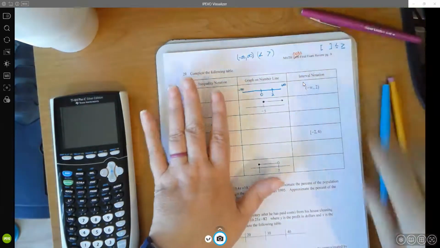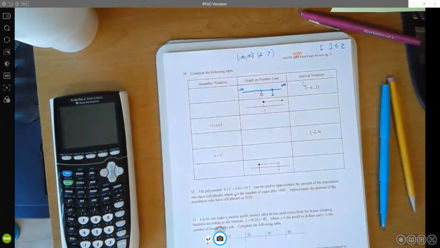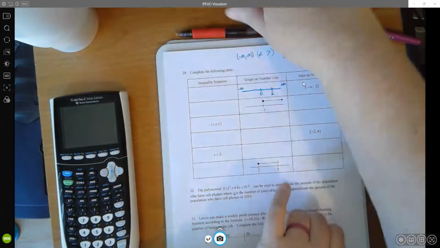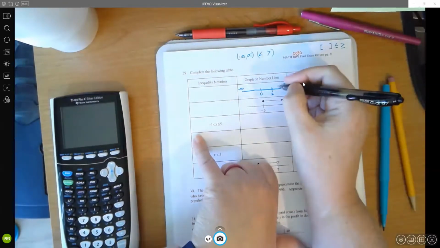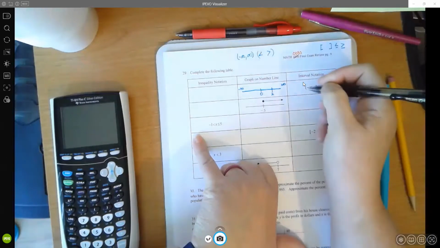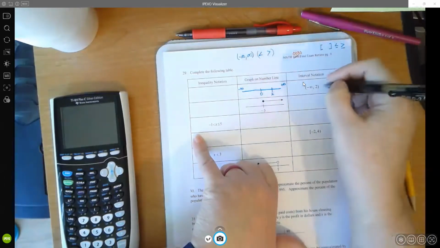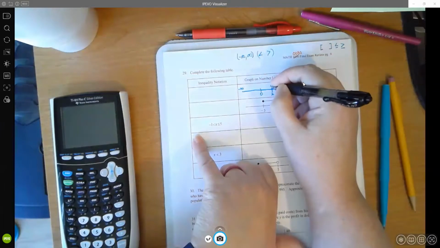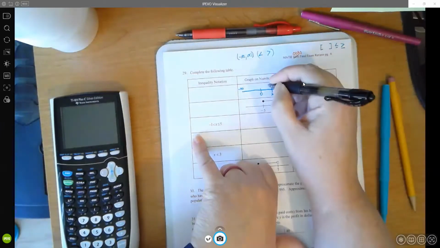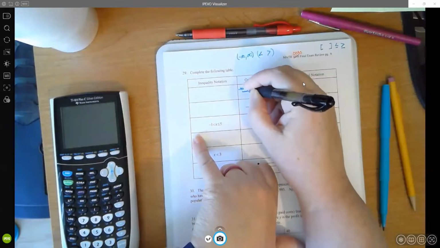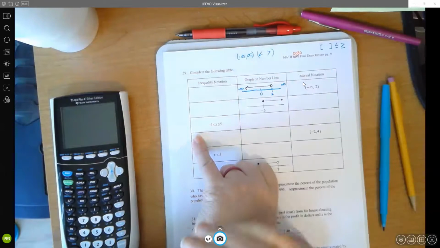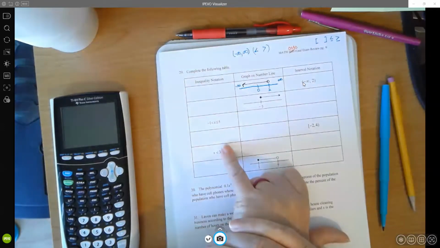For emphasis, I'm going to try something a little bit different here, to see if it shows up any better. I'm going to say that this interval starts at 2, and it will be an open interval, so it will be a circle, and then it will shade all the way down, continuing to negative infinity.